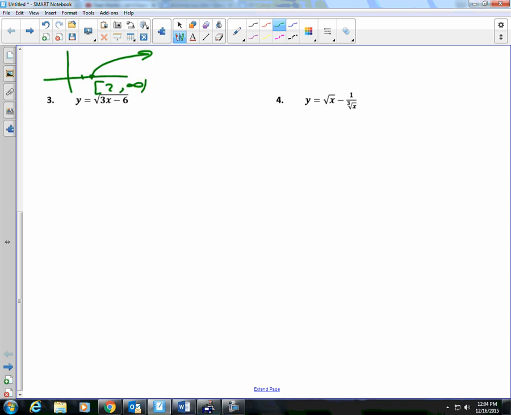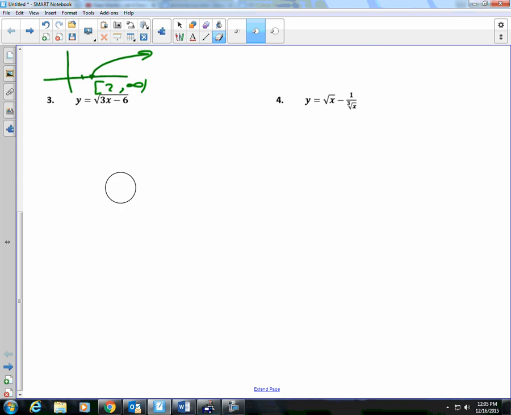So we need to keep that in mind when we list our intervals for increasing, that we don't say from -infinity to +2, because -infinity is not part of that domain at all. Get my point? We have to consider the domain.